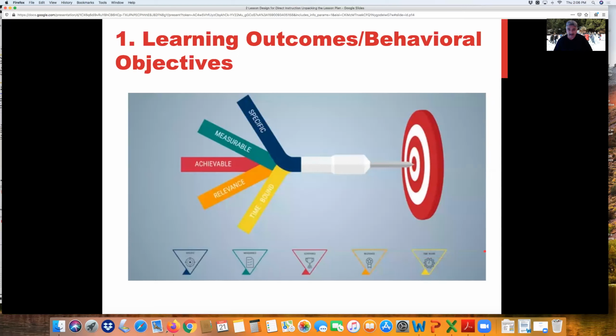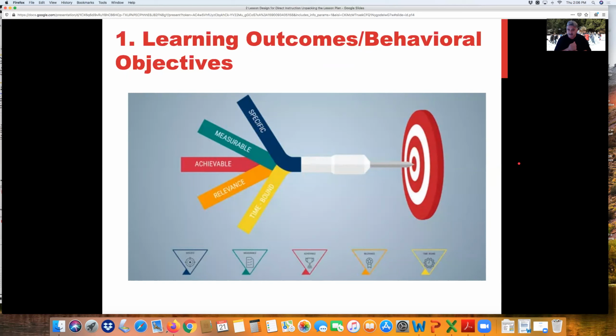So in terms of learning outcomes and behavioral objectives, there is a bit of a difference in education between learning outcomes or goals, which are broader goals, and behavioral objectives. Your learning outcomes or goals are a little broader, a little more general in scope. They're more big picture kinds of things. Behavioral objectives are much more behavior oriented, much more performance oriented.